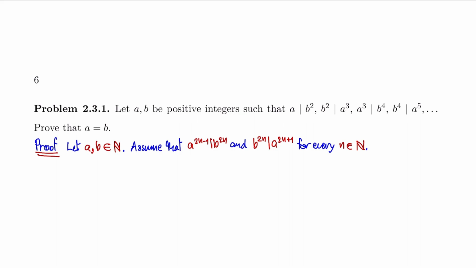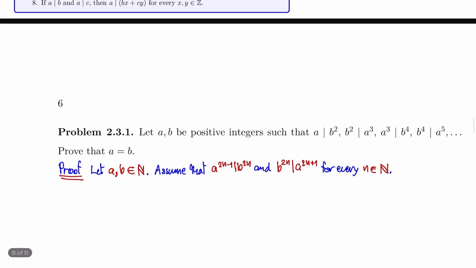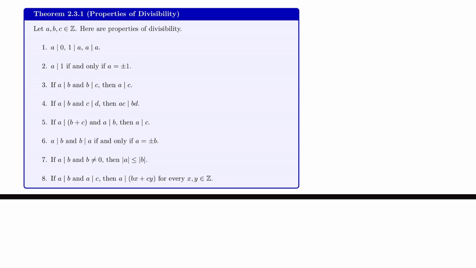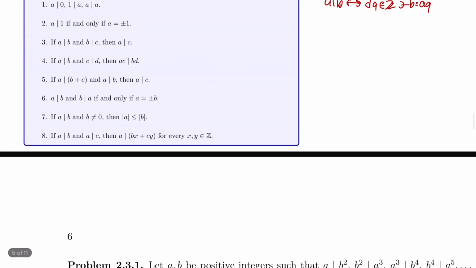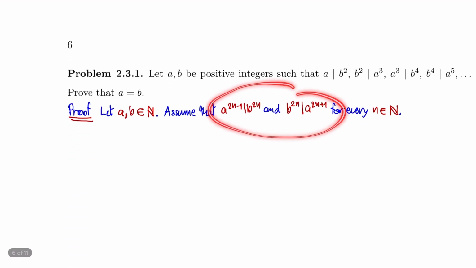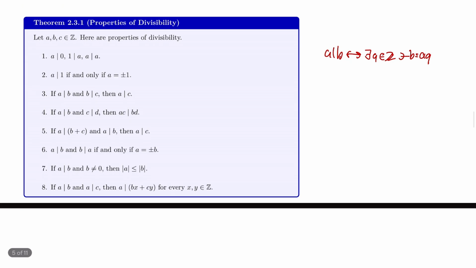We might want to use the properties of divisibility here. When a divides b, we have an integer q such that b equals a q. But I think this form is not useful for this; we have to use properties.